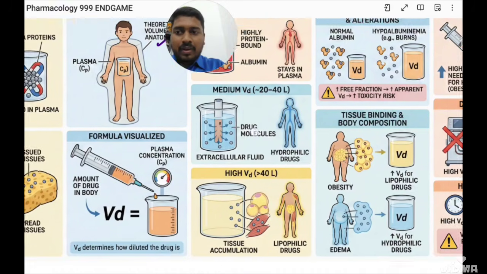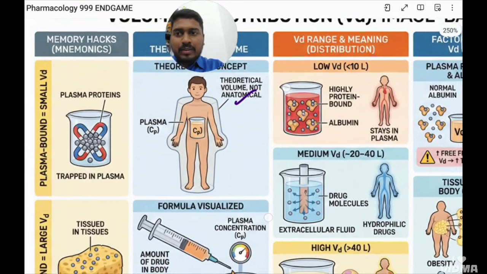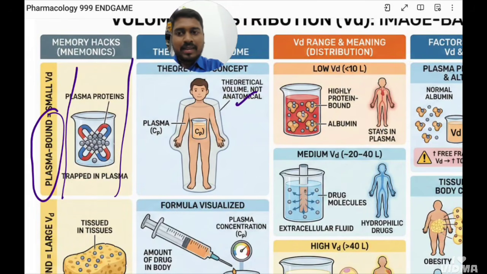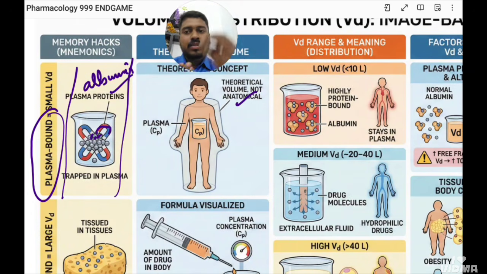Okay, now you should know two things here. One is what are plasma bound drugs. Plasma bound drugs means inside the blood vessel there will be albumin, right? Plasma proteins. So drugs are bound to those plasma proteins, especially albumin. Okay, so whenever albumin levels fluctuate, increase or decrease, the drug available in the blood increases or decreases.